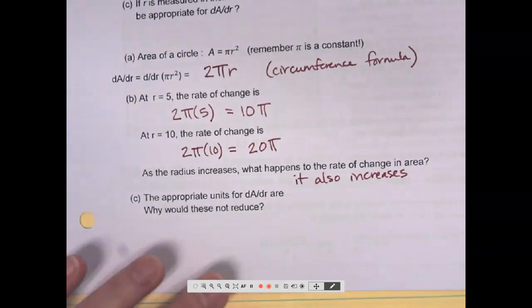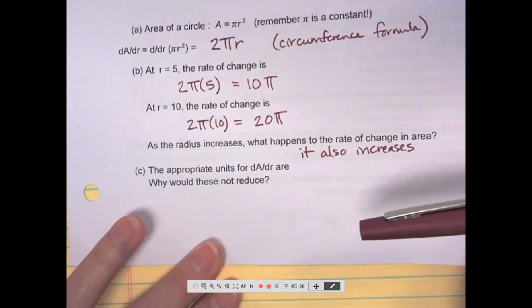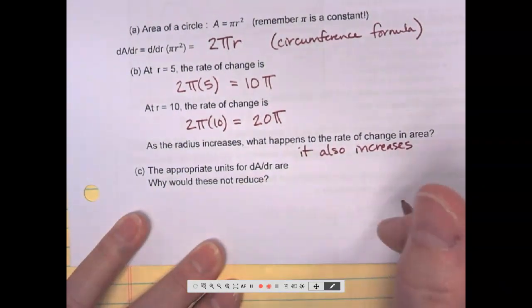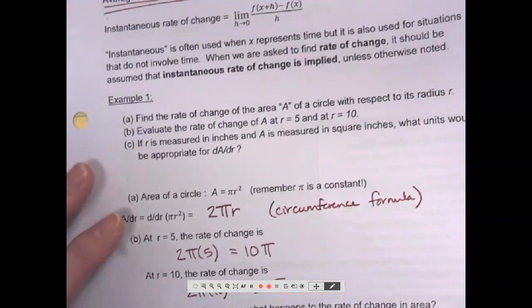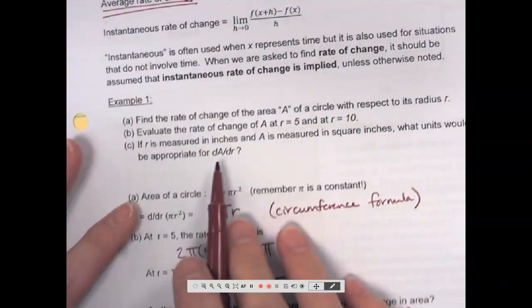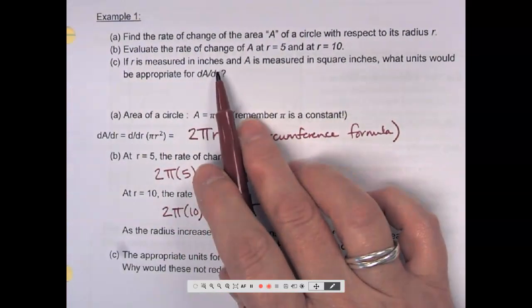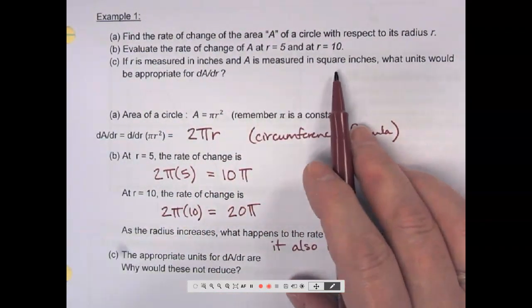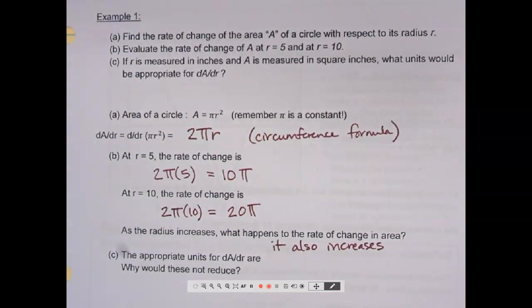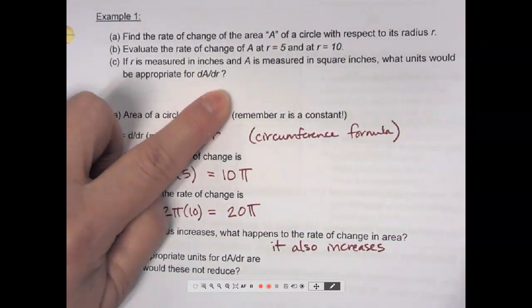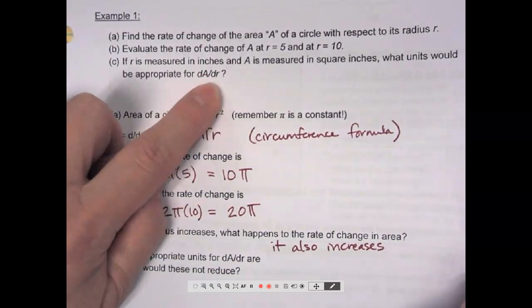The appropriate units for dA over dr are what? Oh, okay, we need to read C first, my bad. If r is measured in inches and A is measured in square inches, what units would be appropriate for dA over dr?